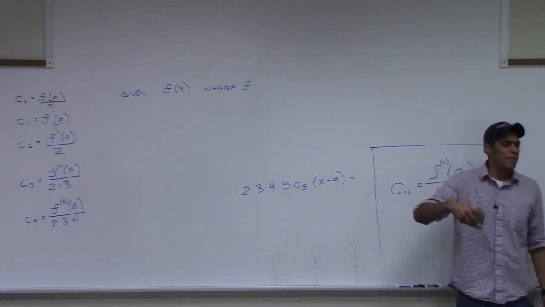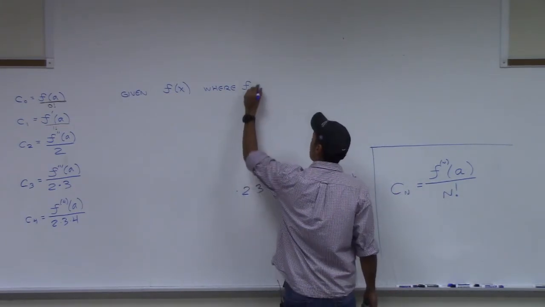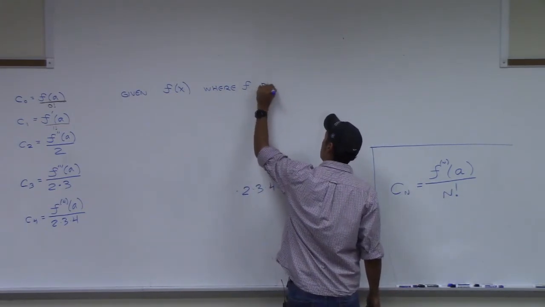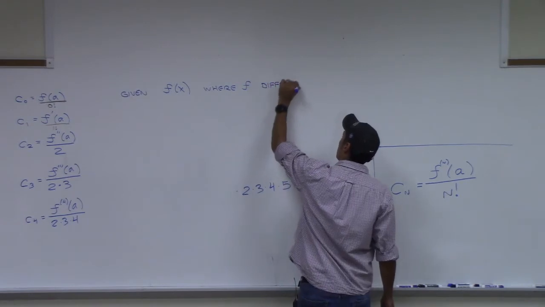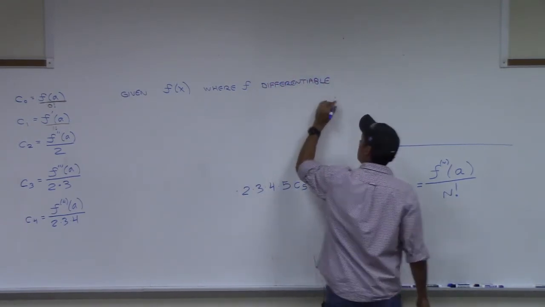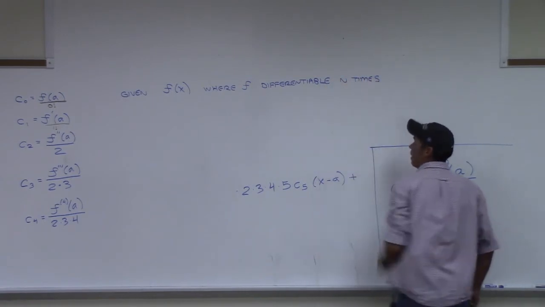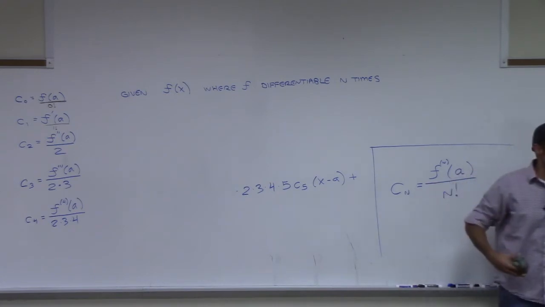The nth derivative exists. So given a function where f is differentiable n times, so we need to be able to take the derivative n times.